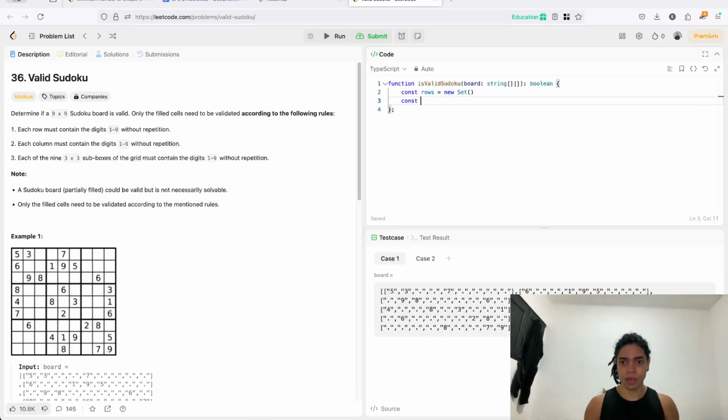The other is const cols, which is now the columns, as a new Set here. And here we want to store a hash.